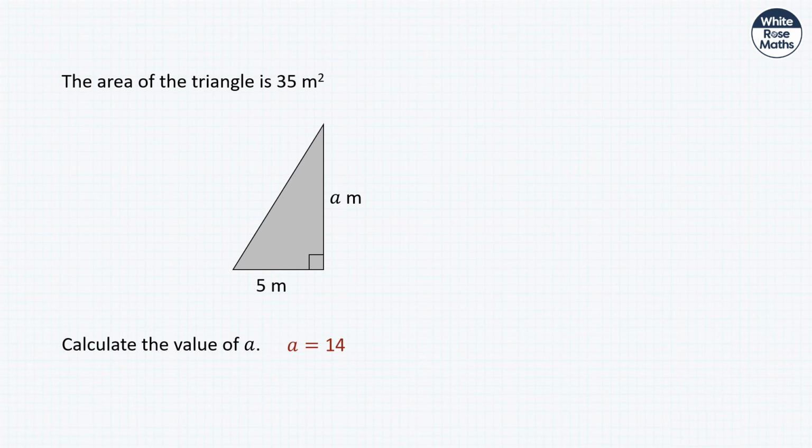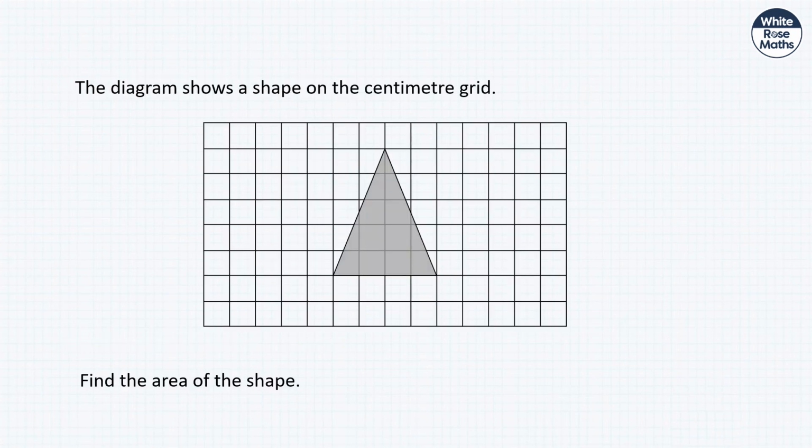So, White Rose Maths answer, here we go. A is equal to 14. This next one, the diagram shows the shape on a centimeter grid. This is actually quite important. Find the area of this shape. Well, I need the base and the height. So it goes across 4 squares, 1, 2, 3, 4, and then the height is 1, 2, 3, 4, 5.